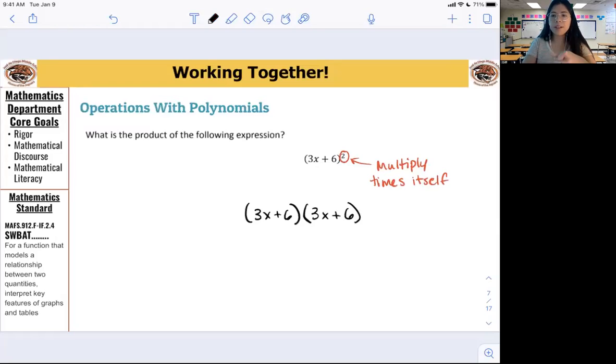Okay, 15 seconds remaining. Actually, I'm going to wait a minute more because I want everyone to really try. I want to see your answers in the chat. So far, I haven't seen any correct answers.